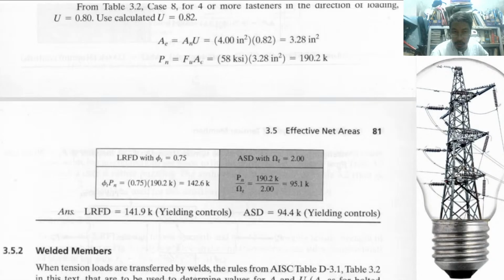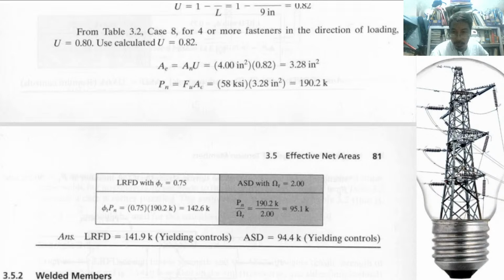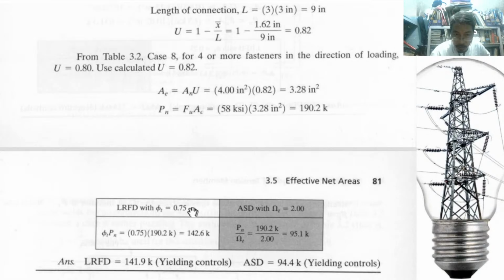So 0.75 multiplied by this, you just have to multiply. The answer is 1.42 or 1.43. Another typo error. Now, it is yielding.